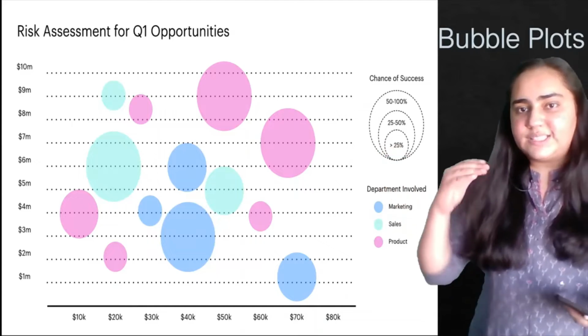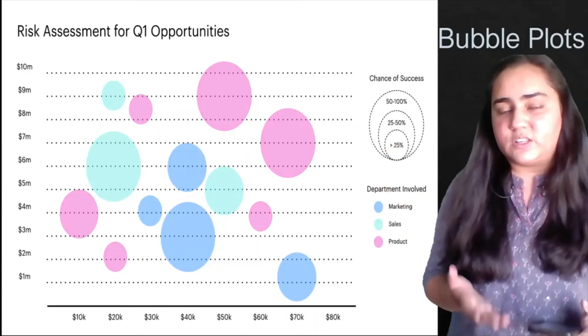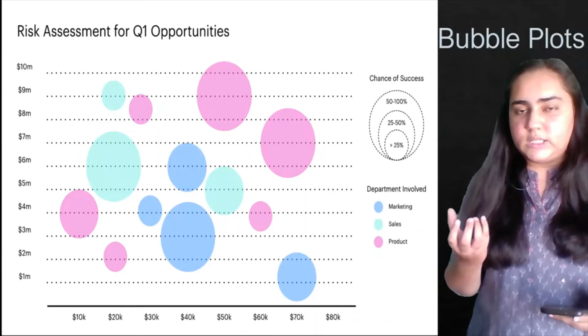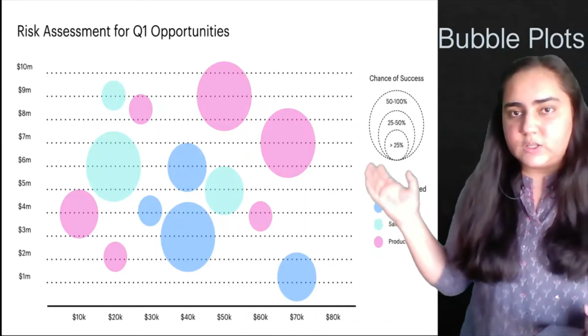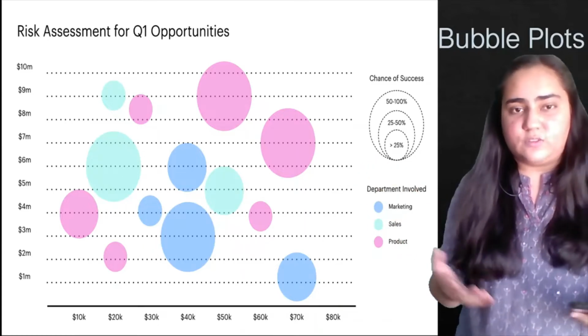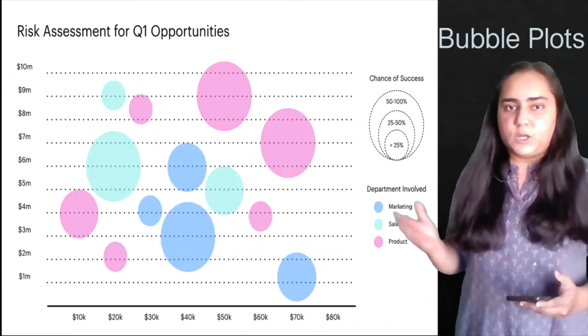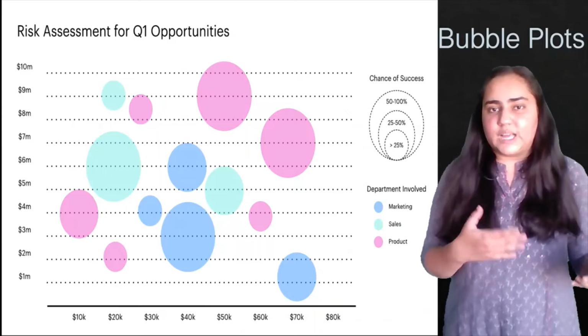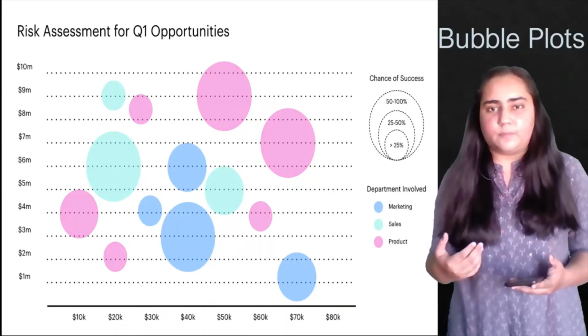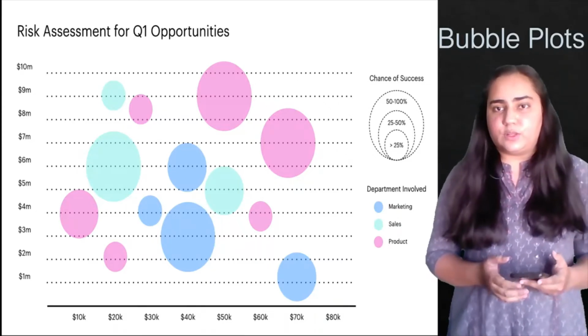The size also depicts the chance of success. If the size is smaller, there is a lower percentage chance of success; if it's bigger, the chance is higher. So you can see how the size as well as the color helps you to make better comparisons using bubble plots.